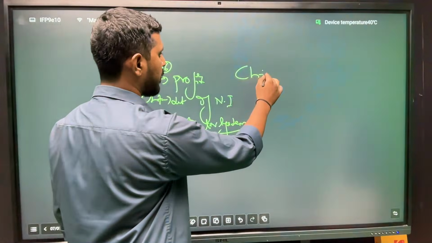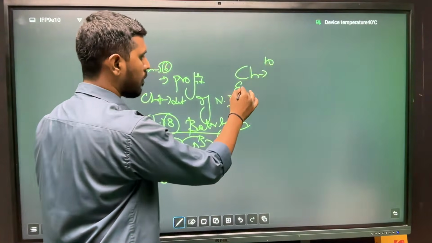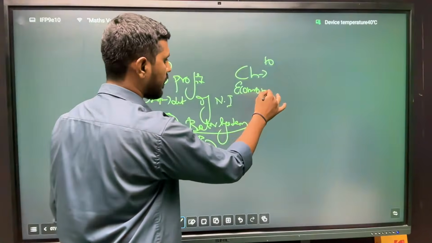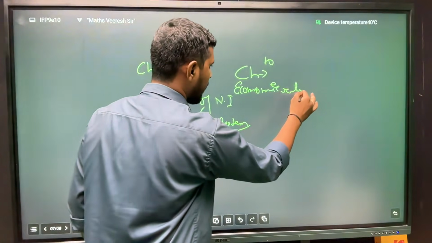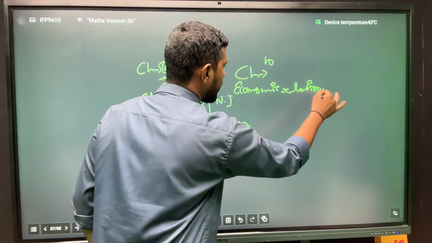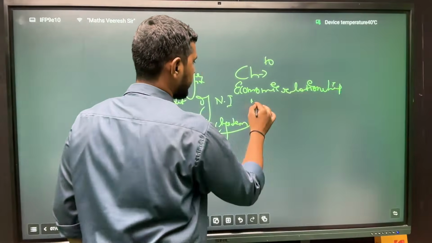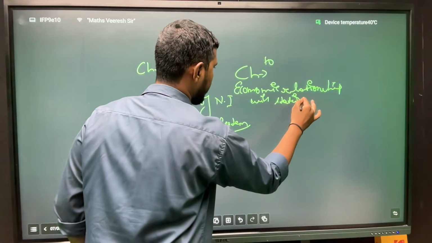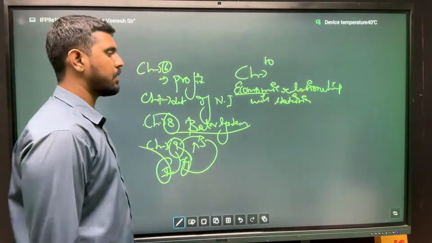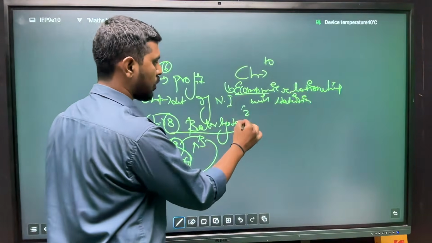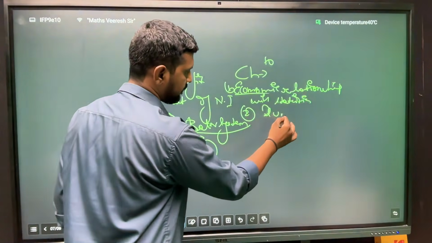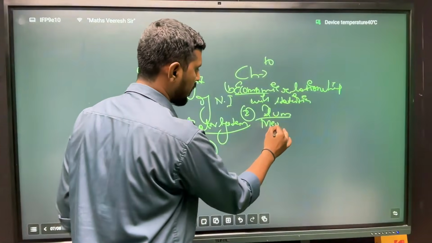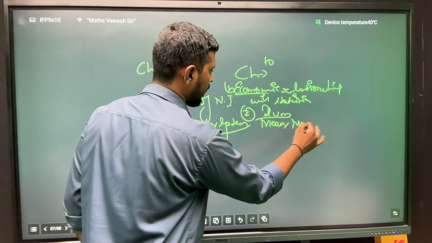Chapter 10, 5 marks, you have to go with economic relationship with statistics. Another one is quotient, sum, either mean or median.